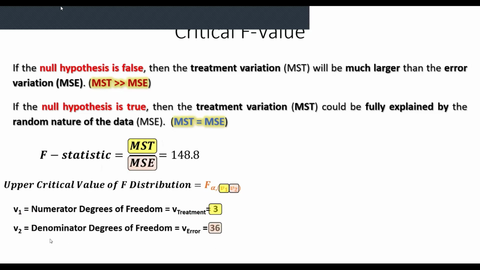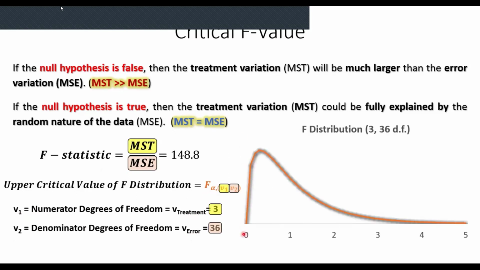In our particular experiment, that is equal to the degrees of freedom of the error, which is 36. So again, we're looking for the F value at a 5% significance level at 3 and 36 degrees of freedom. Here is what the F distribution looks like at 3 and 36 degrees of freedom.